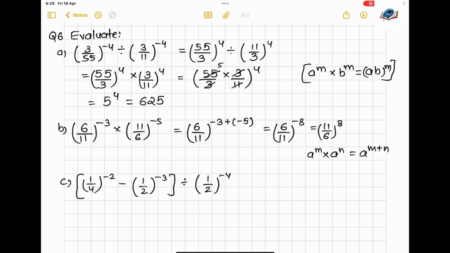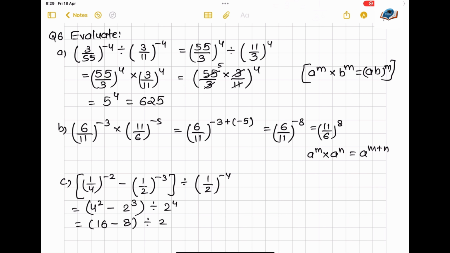So this I can first write as 1 upon 4 raised to minus 2, which I can write as 4 square. Minus 1 upon 2 whole raised to minus 3, I can write as 2 raised to 3. Then I have to divide it by 2 raised to 4. So this will be 16 minus 2 2s are 4, 4 2s are 8, divide by 2 raised to 4.